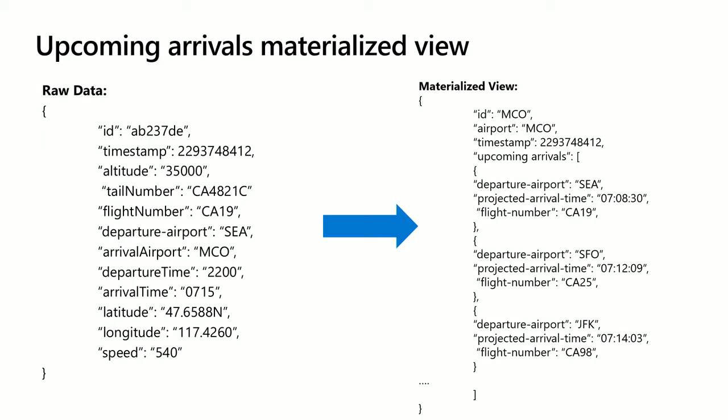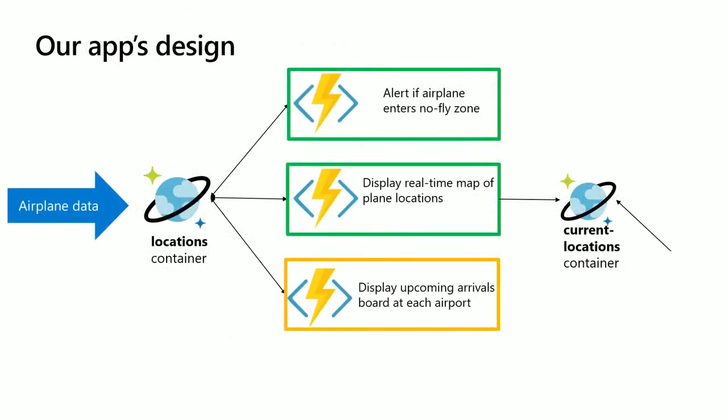In this case, for the arrivals dashboard, if it needs to be in real time, then you'd want to build that materialized view using the change feed. And every time we do a write to the locations container, rebuild that materialized view. But of course, if this doesn't need to be in real time, you could have some sort of job run separate from the change feed and just issue a query every 5 minutes and then persist that value somewhere. That would be another alternative if you do not have as real-time requirements.